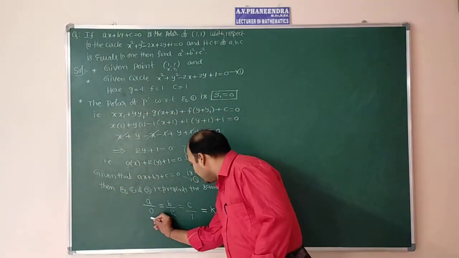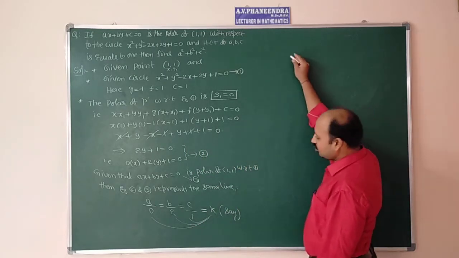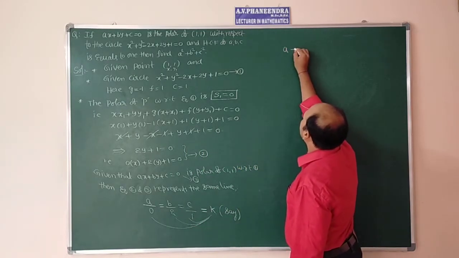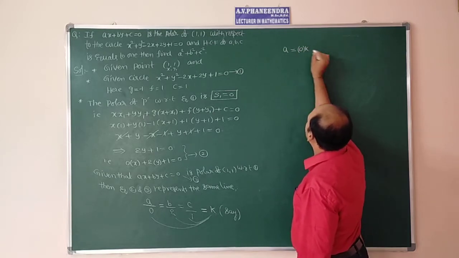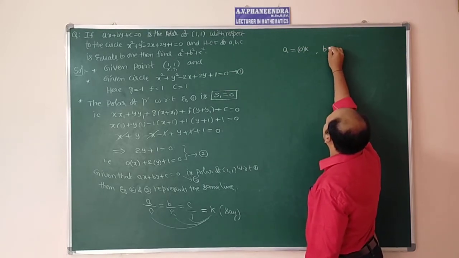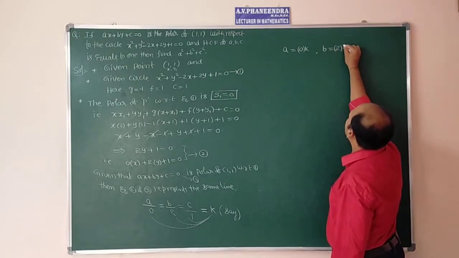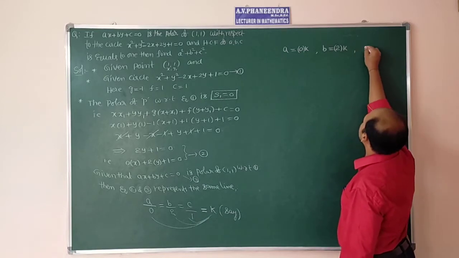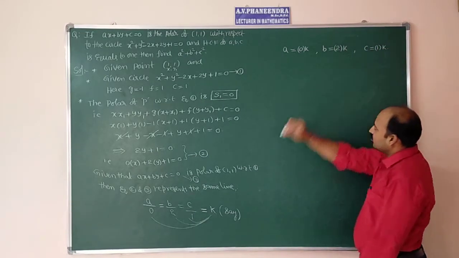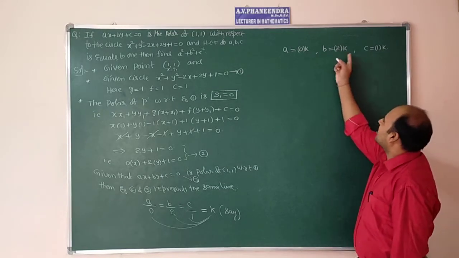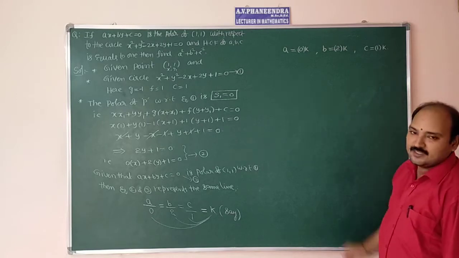So by equating these, we are going to get a equal to 0 into k, b equal to 2 into k and c equal to 1 into k. We observe that k is a common multiple for all the values of a, b, c.